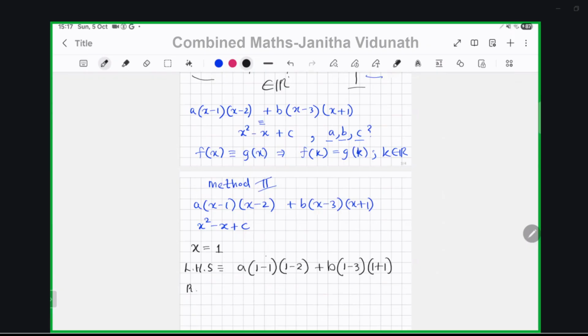On the right hand side, we get 1 square minus 1 plus c. We simply substitute our variable with x equal 1.